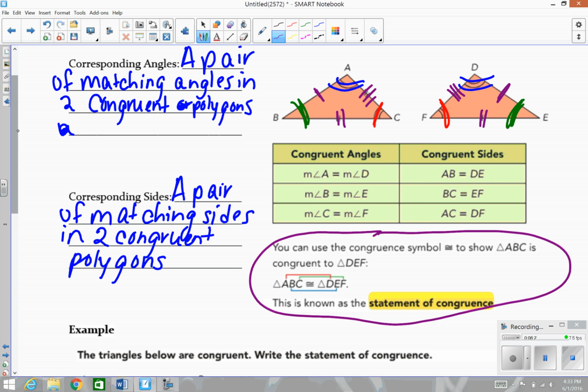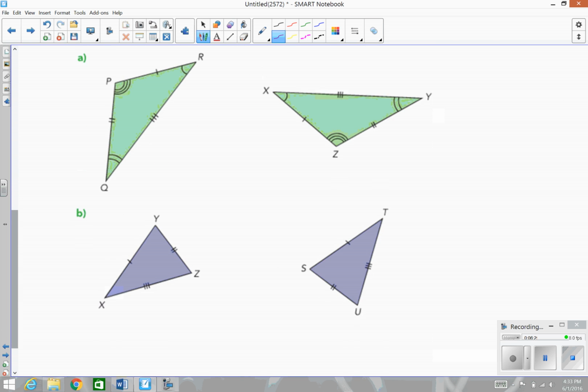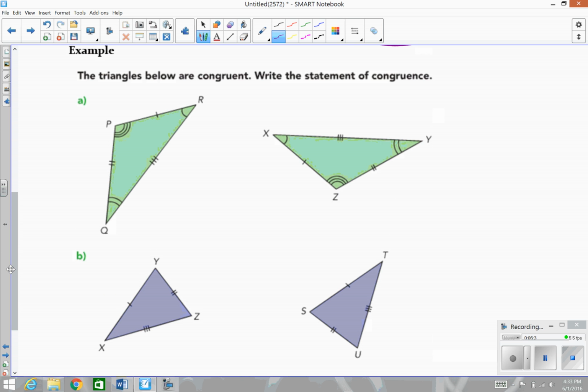Okay, so let's take a look at the examples down below. We can say that angle P corresponds with angle Z. That's this here and this here.